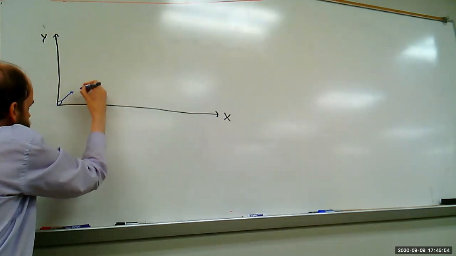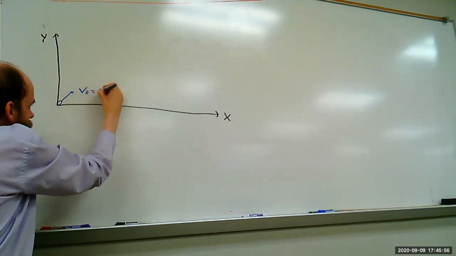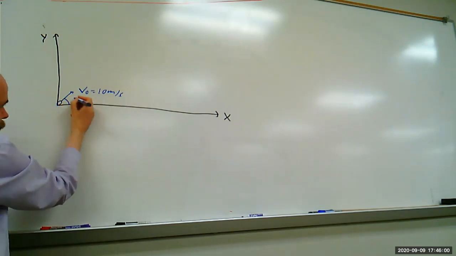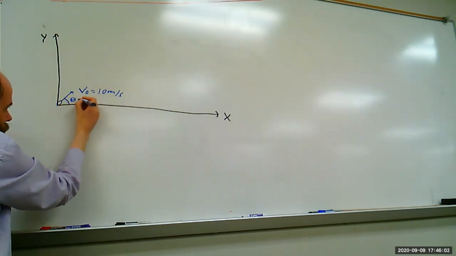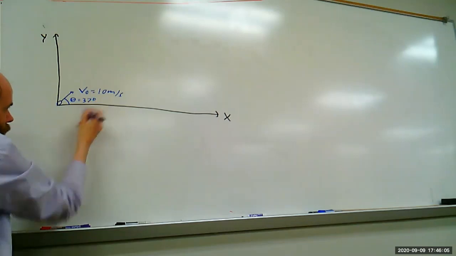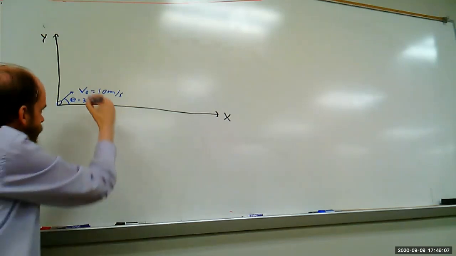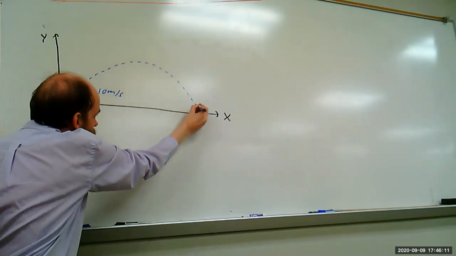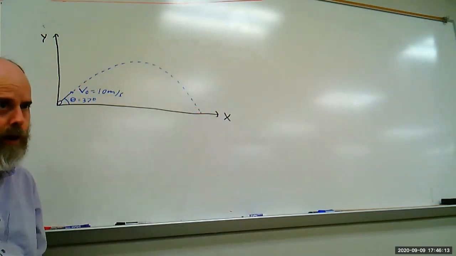It's got an initial velocity, so V0 equals 10 meters per second. And it has an angle with the horizontal of 37 degrees. And it follows this path. It goes up, and it comes back down and hits the ground.